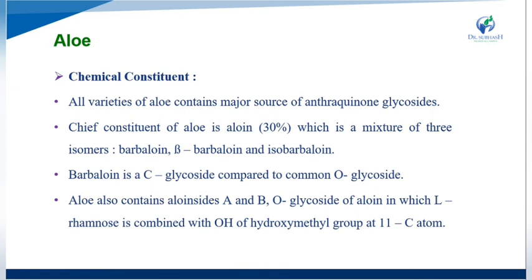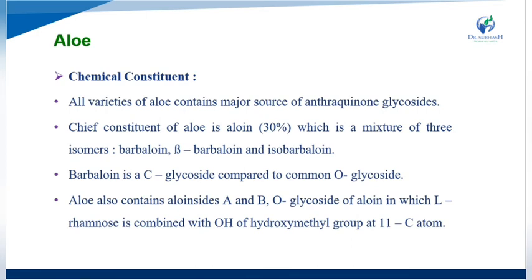Aloin is the chief constituent, a mixture of three isomers: barbaloin, beta-barbaloin, and isobarbaloin.